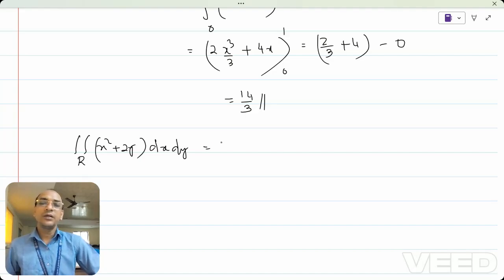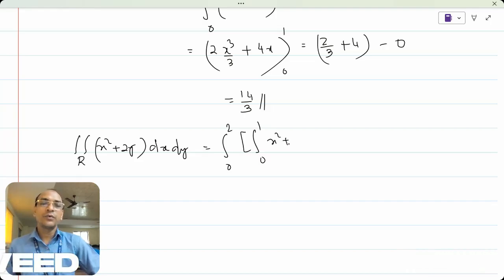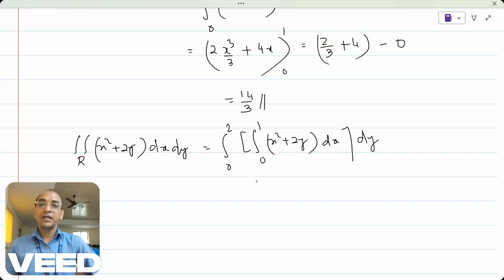So I will put y outside and x inside. First I will integrate with respect to x, then after that with respect to y. Then also you will get the same answer. The answer will be 14 by 3. This is the way we can evaluate the double integral.